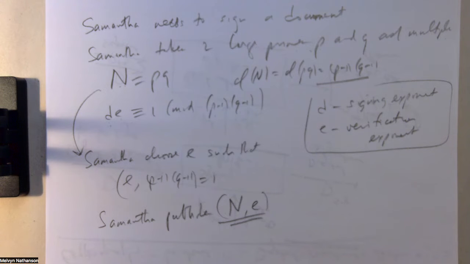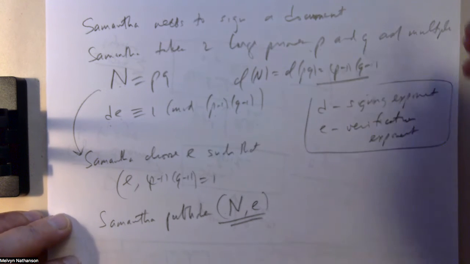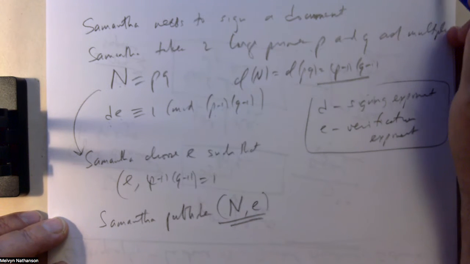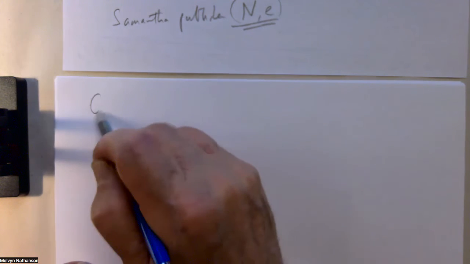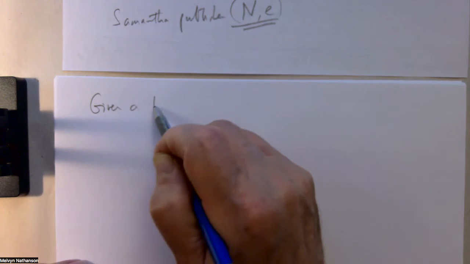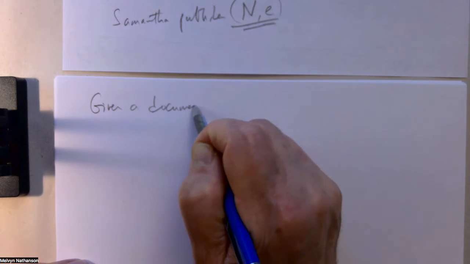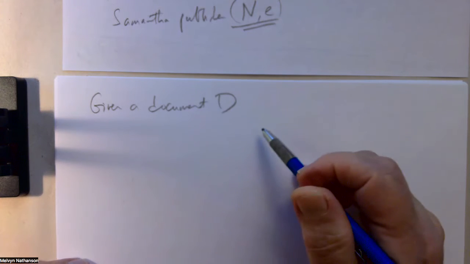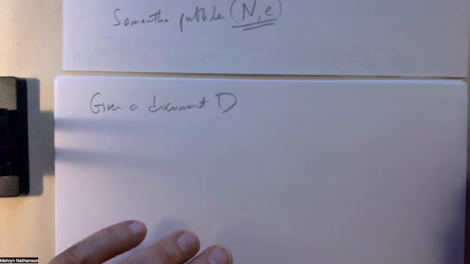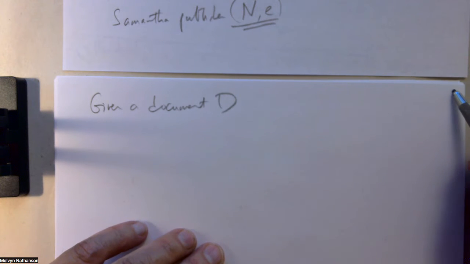And Samantha signs a document in the following way. So given a document D, which is a number, right? We've converted everything to integers.